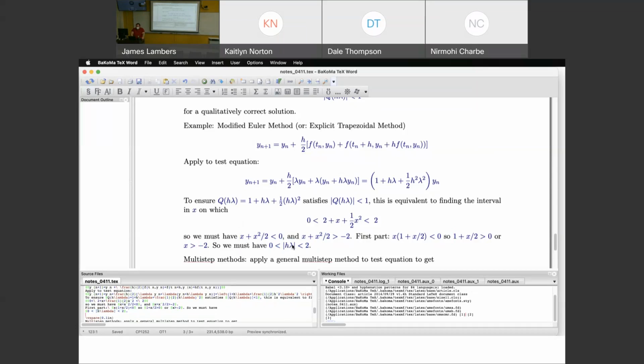Now, what this means is, because there's a product of h and lambda, the larger lambda is, the smaller the time step must be. A consequence of this is, when you're using time stepping methods for ODEs to solve spatially discretized PDEs, the more spatial resolution you use in your PDE, the larger values of lambda you get, therefore the smaller the time step must be.